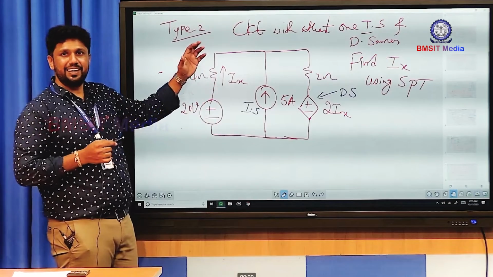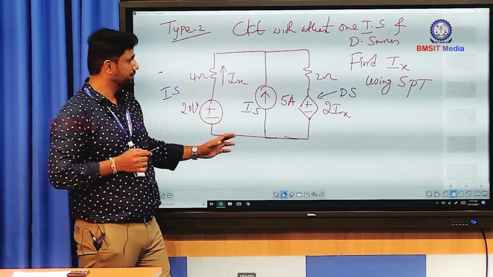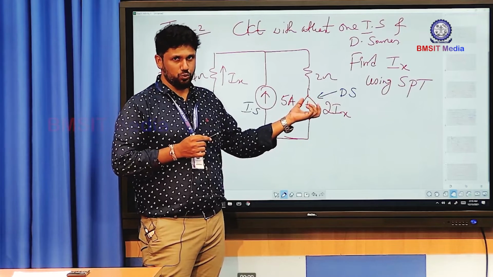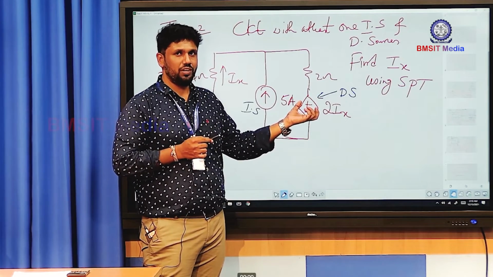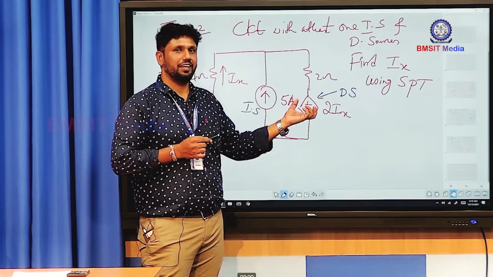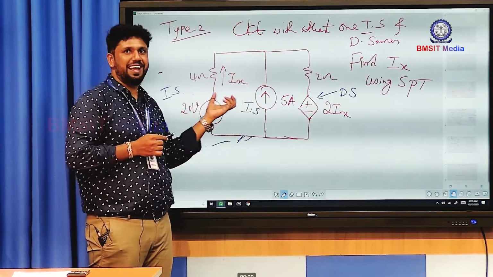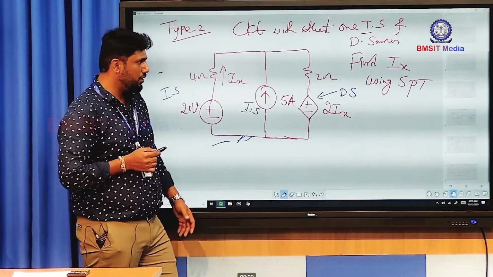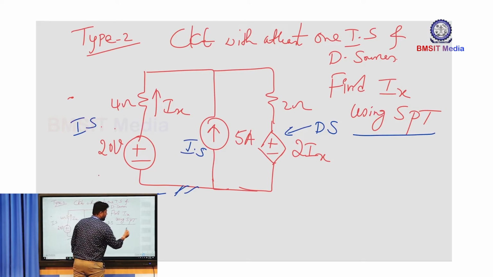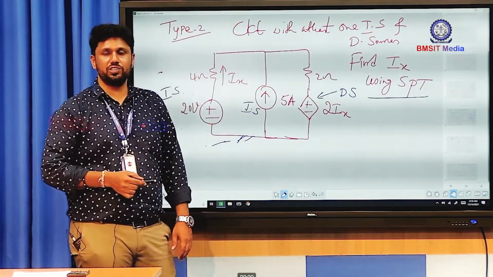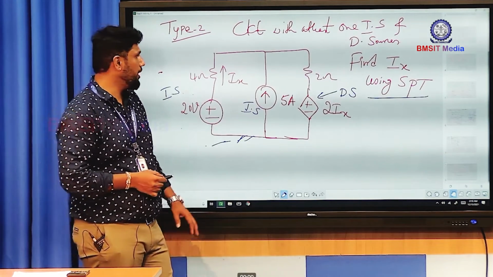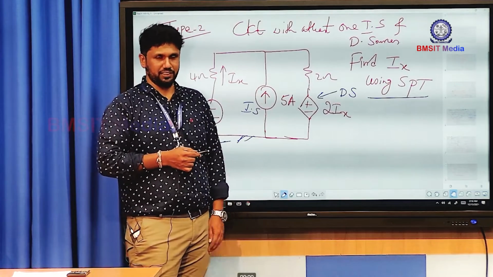Guys, in a network, the dependent sources are valid only in the presence of active sources. So while doing an SPT, you just go with the normal procedure by considering one source at a time, but you have to consider only the active sources which are present.